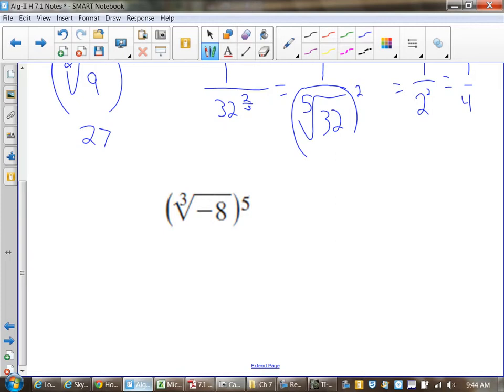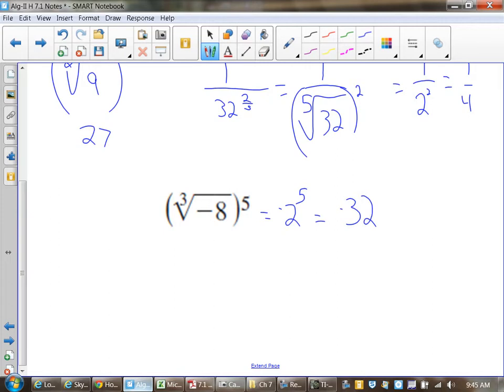Well, I have an odd nth root. So can I take the odd root of a negative? Yeah. So what's the cube root of negative 8? Negative 2. So then what's negative 2 to the 5th power? Negative 32. Very good.